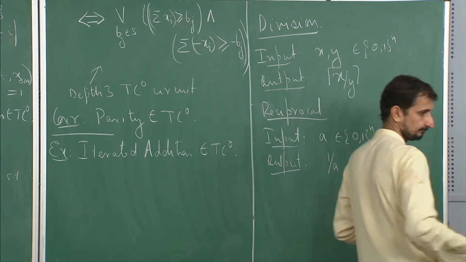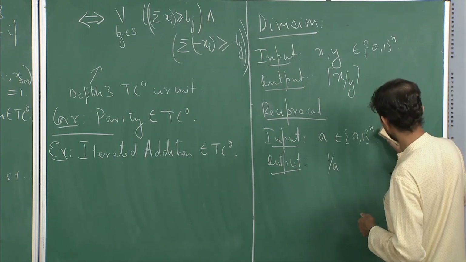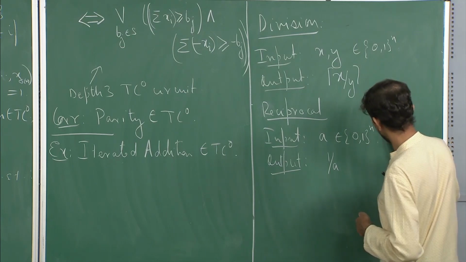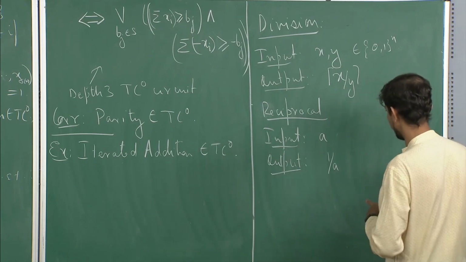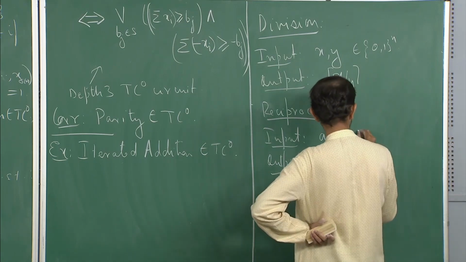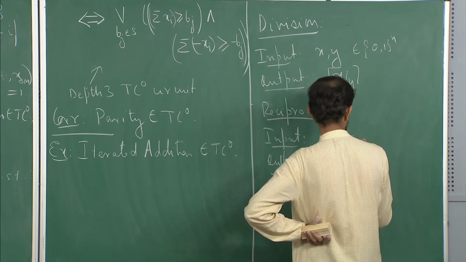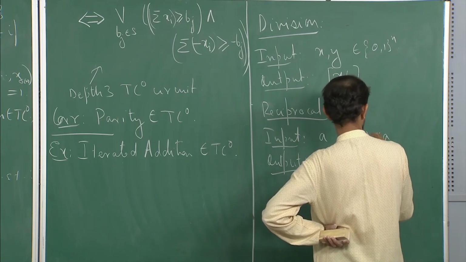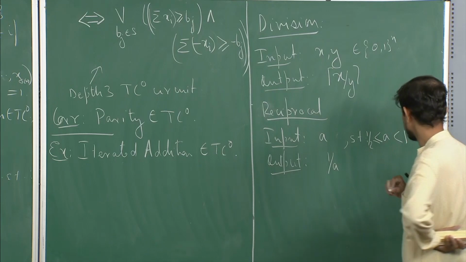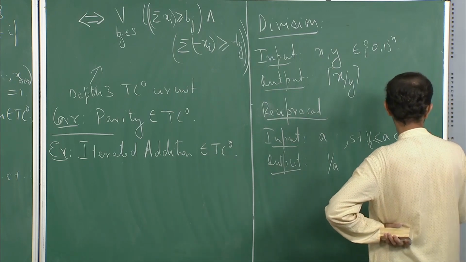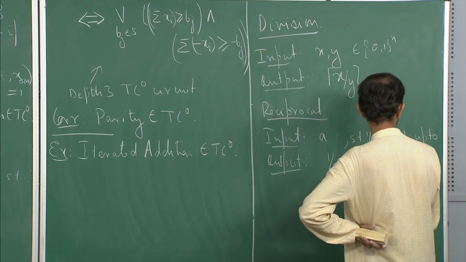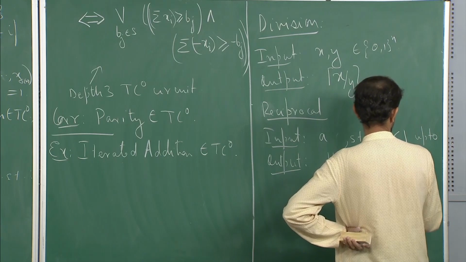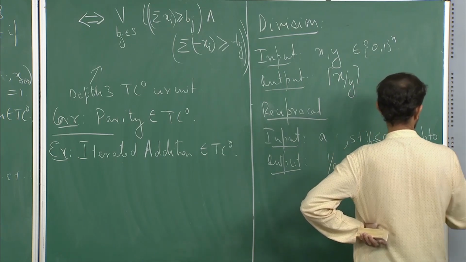Okay, so let me just write this a little differently. We'll assume that we have A such that A lies between half and 1, given up to n digits of accuracy.